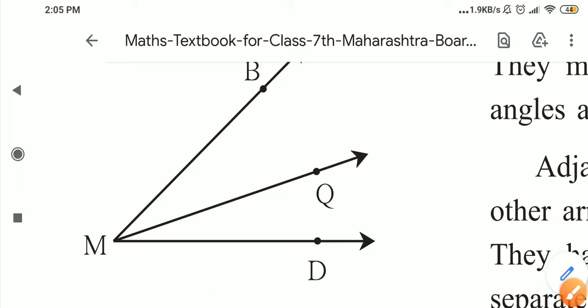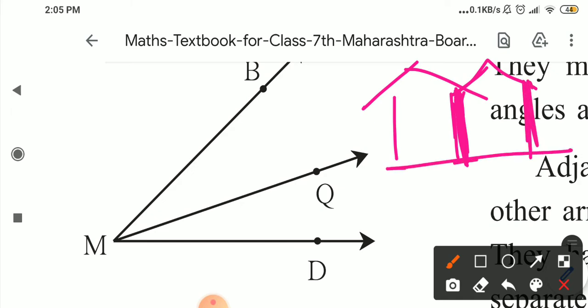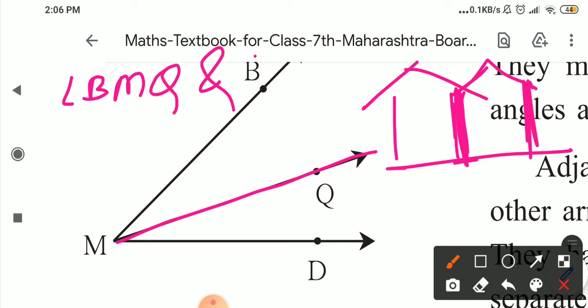Similarly, in a village, between 2 houses there is one common wall, the common wall present between both the houses. Similarly, in adjacent angles there is one common arm. Okay, now if I write the name of this angle, BMQ, and another angle is QMD.